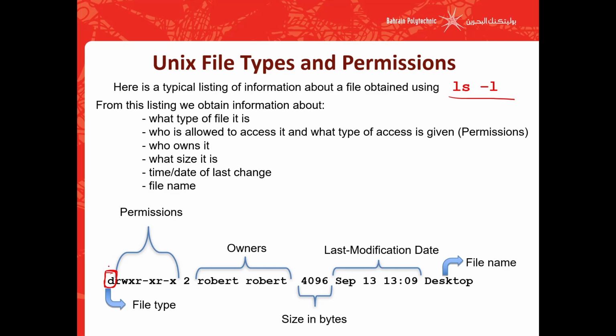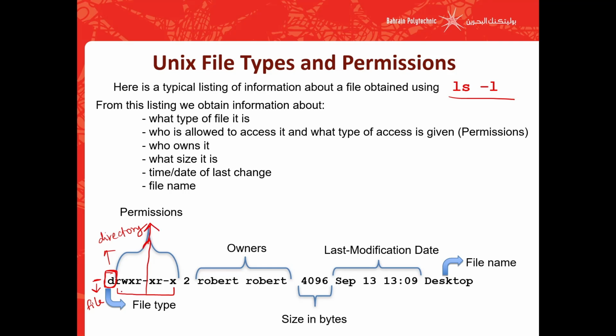When it says D, this means it's a directory. If it was just a dash, that would mean it's a file. So if it's D, it's a directory, otherwise it's a file. We'll look at it in detail. The next set of characters represents permissions, just like how it's shown here.